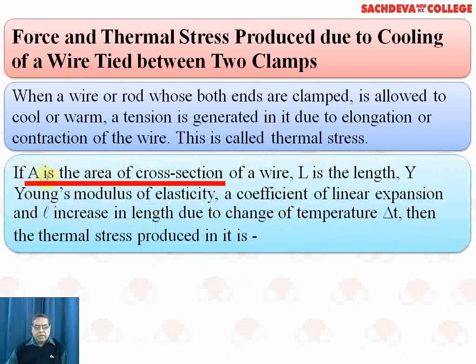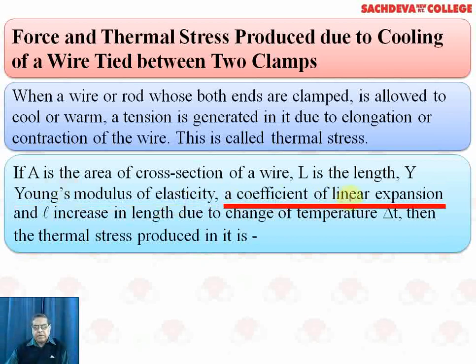If A is the area of cross section of the wire and L is the length, then the product of A and L will give the volume. Y is Young's modulus of elasticity, and Young's modulus is the ratio of stress and strain.